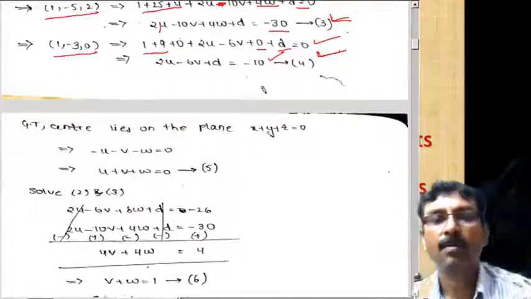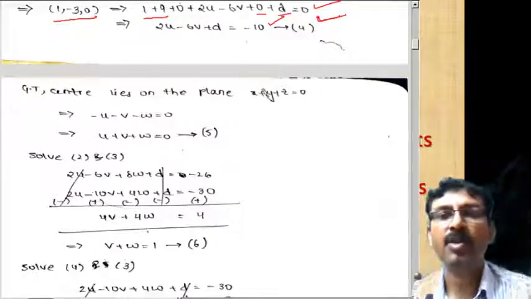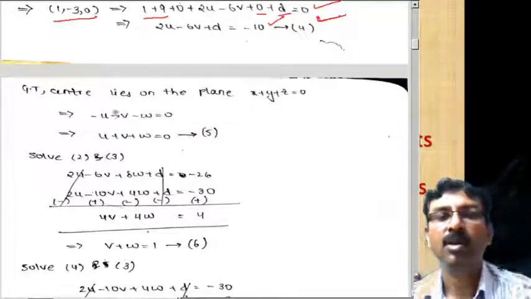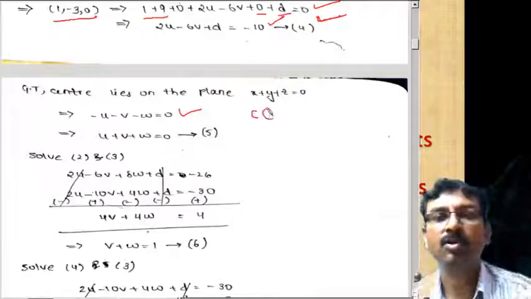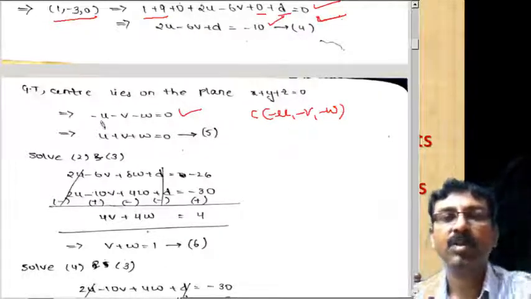So here substituting minus u, minus v, minus w in the equation, we get minus u minus v minus w equal to 0.